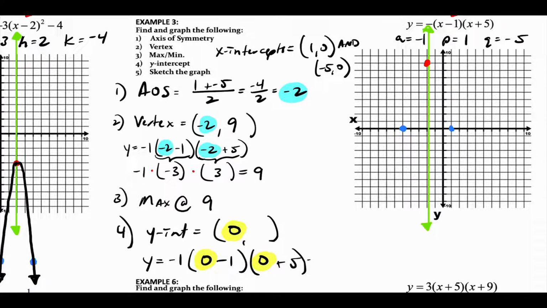Inside the parentheses, I get a -1. The next one, I get a +5. Negative times negative times positive makes a +5. So 0, +5.